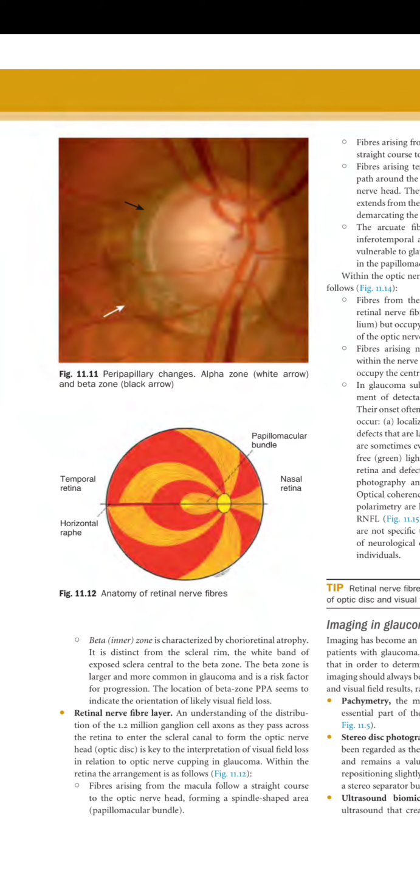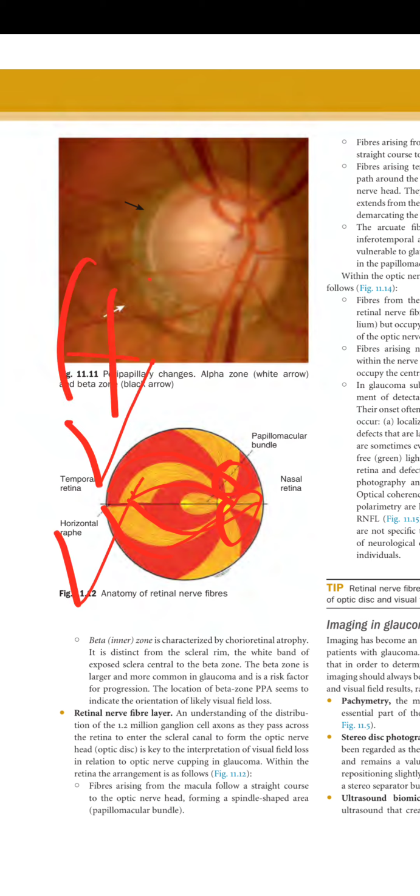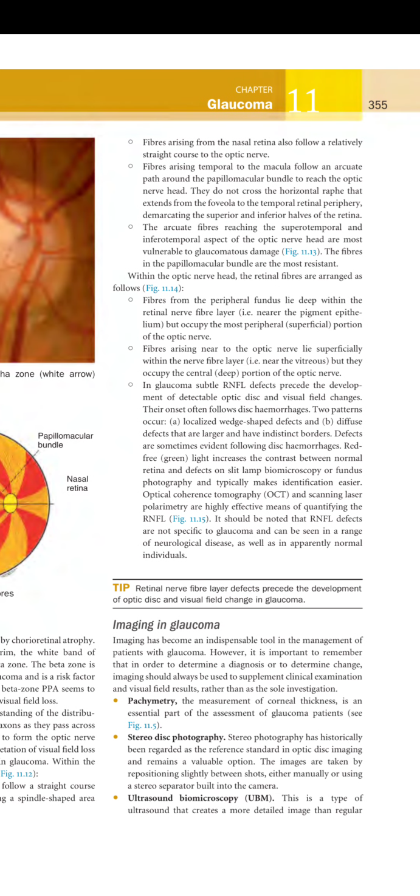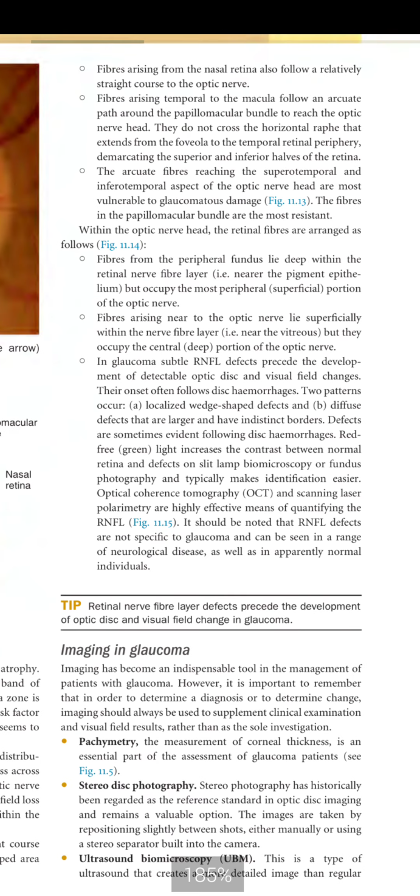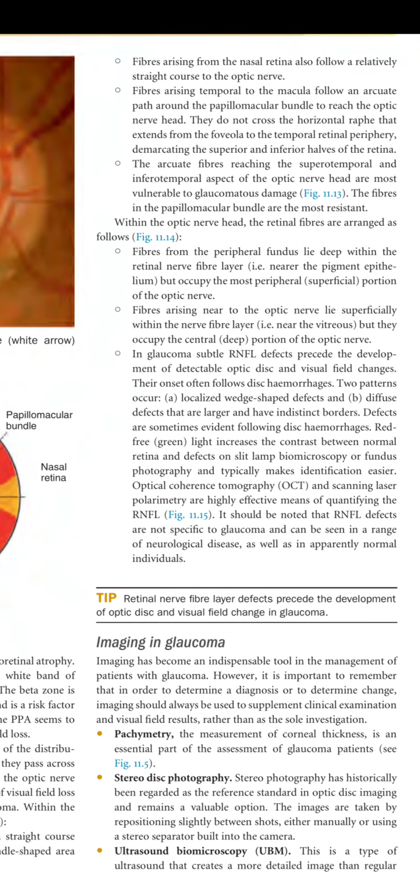So next is the arcuate fibers. Basically these are the temporal arcuate fibers, superior temporal, and these are inferior temporal, and they are at the superior and inferior margins, and they are the most commonly disrupted in a case of glaucomatous damage, whereas the papillomacular bundle is the most resistant one. Within the optic nerve head, the retinal nerve fibers are arranged as follows.